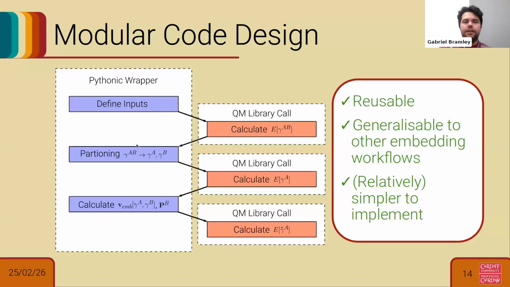We can then perform the partitioning in the Pythonic wrapper, and we can then call the subsystem calculation at the low level of theory, and then we can calculate the embedding and projection matrices, and then calculate the final high-level energy. And what we hope this does is create something which is a little more reusable and can be extended to other codes. And not only this, we can apply this to other forms of QM in QM embedding.